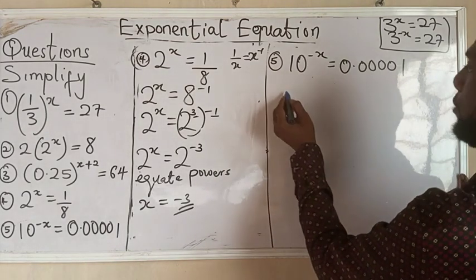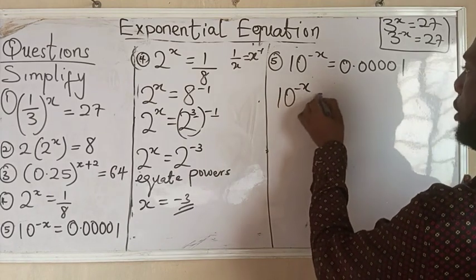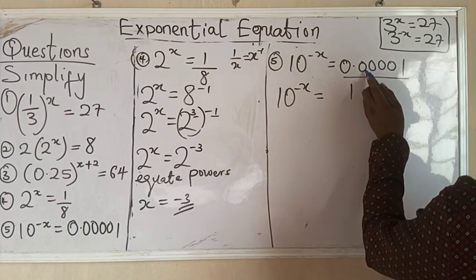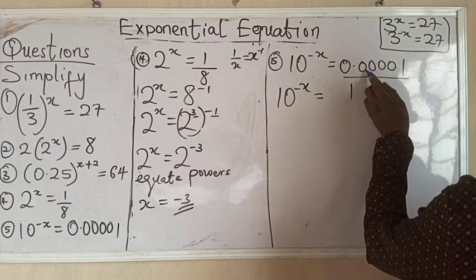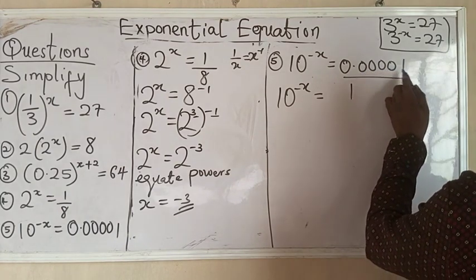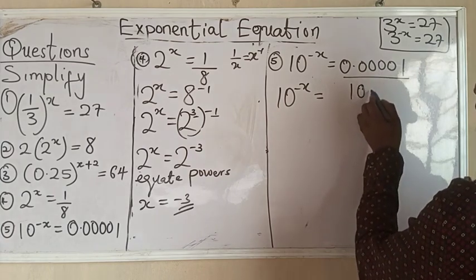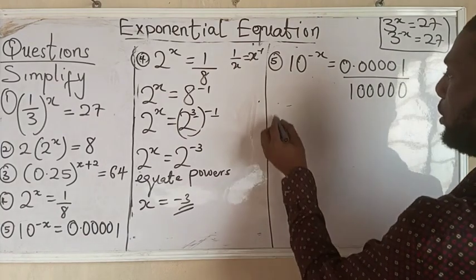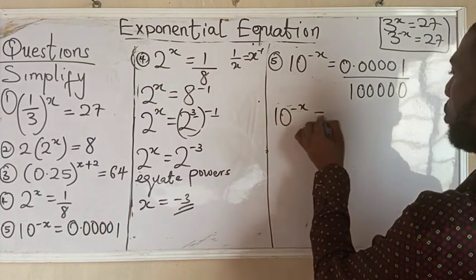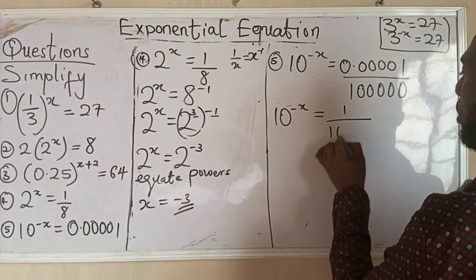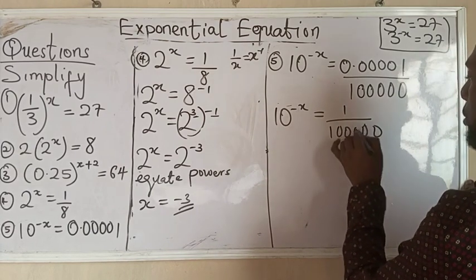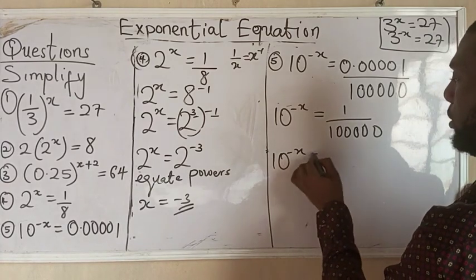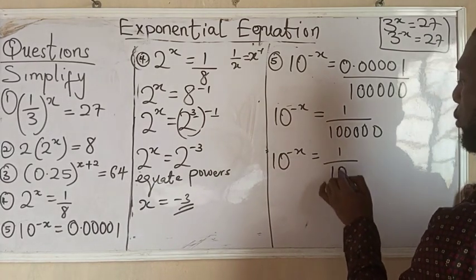So we have 10 raised to power minus x equals, automatically this is 1. And how many digits can we find here? 1, 2, 3, 4, 5. So we'll just write 1 with 5 zeros. So it's the same thing as saying 10 raised to power minus x equals 1 over 100,000. So 10 raised to power minus x is equal to 1 over 10 raised to power 5.